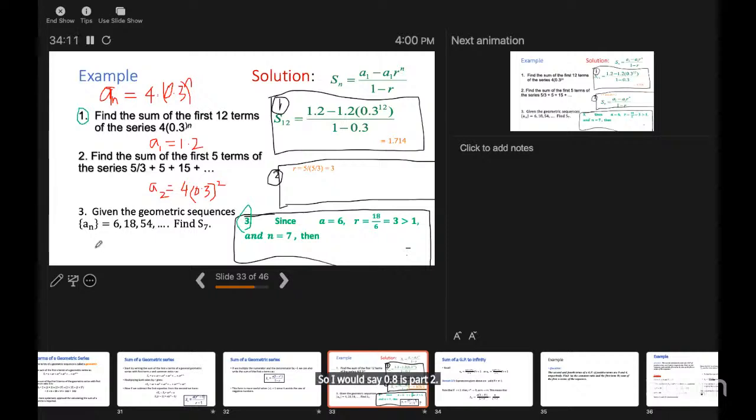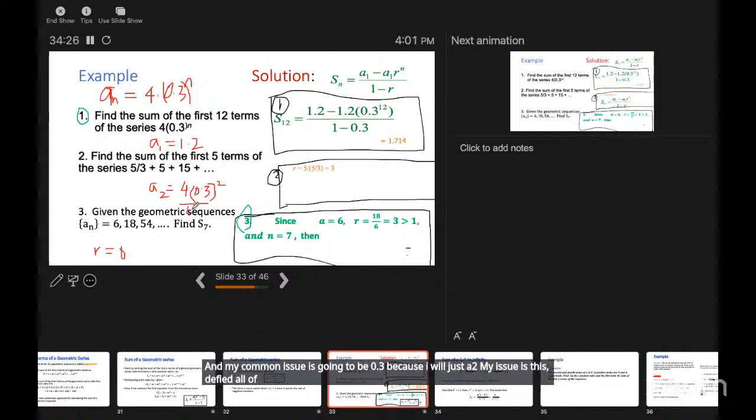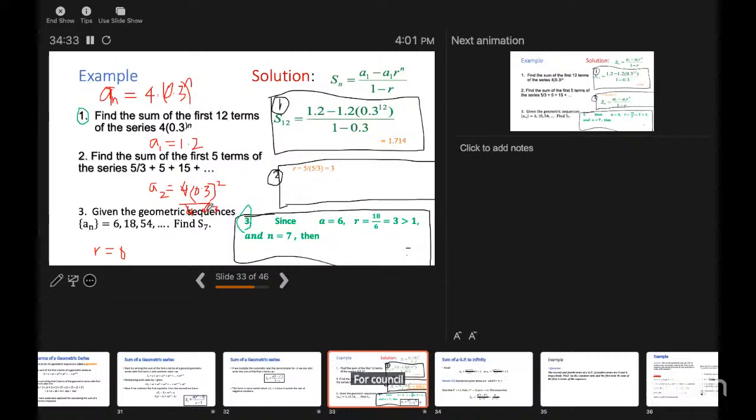What is my common ratio? Common ratio is A2 over A1. So that's how we get the common ratio. I will divide A2 by 4 times 0.3. The 4 cancels the 4, and the 0.3 cancels the 0.3. So my common ratio is 0.3.